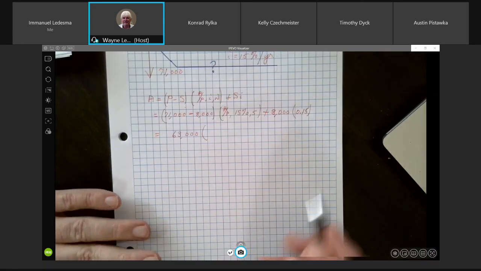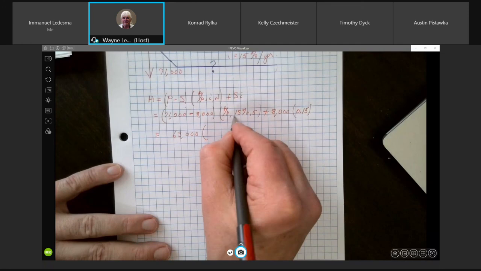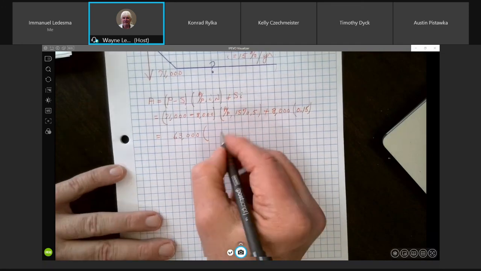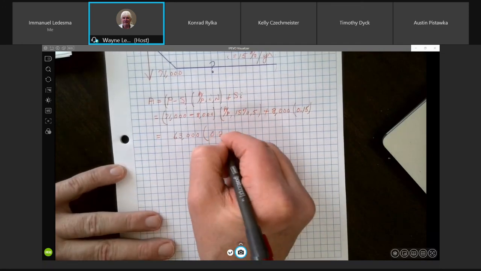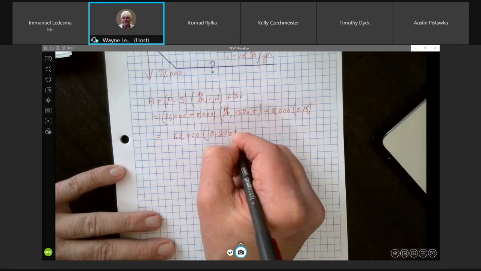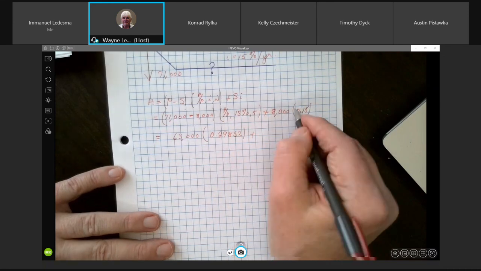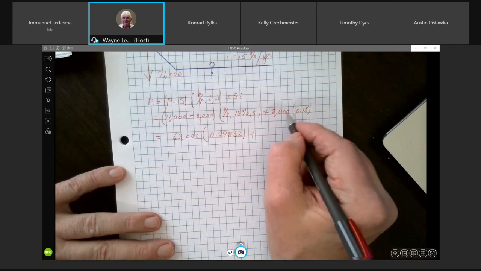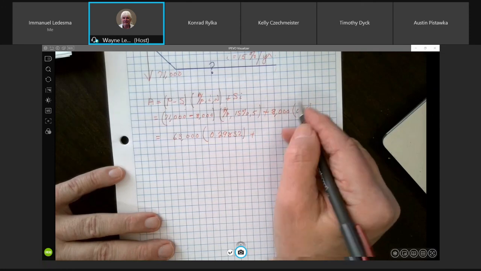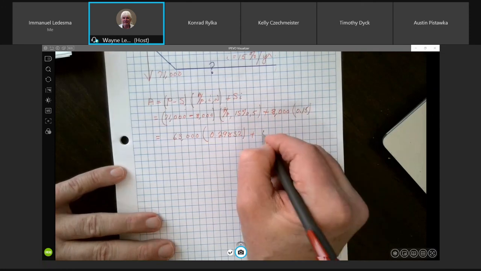Okay, so we have that. The factor itself, if you go to the tables, should be 0.29832 plus 15%, if you will, of 8,000 will leave you with $1,200.